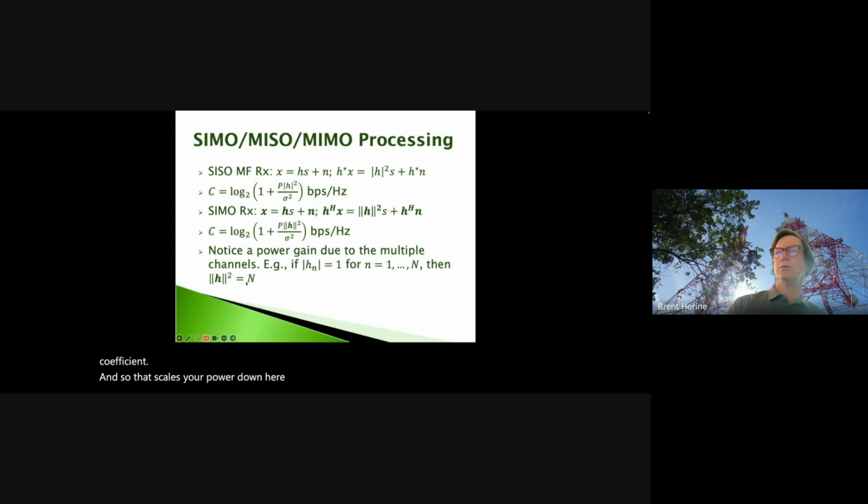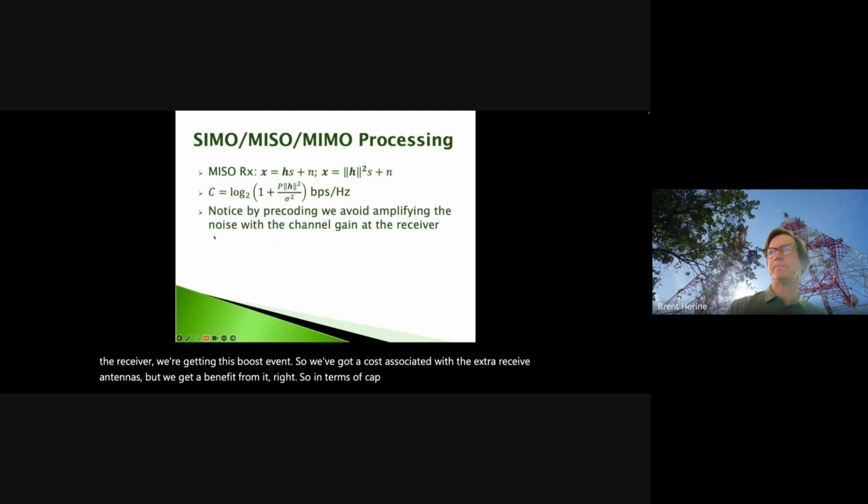Here we're seeing this for the single input, multiple output case, where we're combining these things at the receiver. We're getting this boost. So we've got a cost associated with the extra receive antennas, but we get a benefit from it, in terms of capacity.